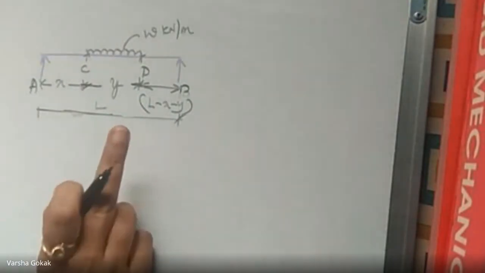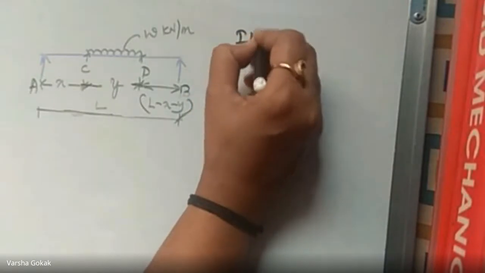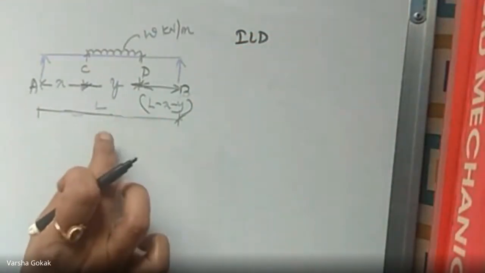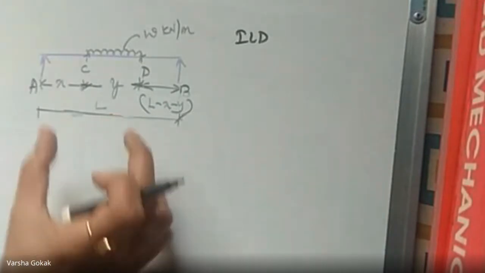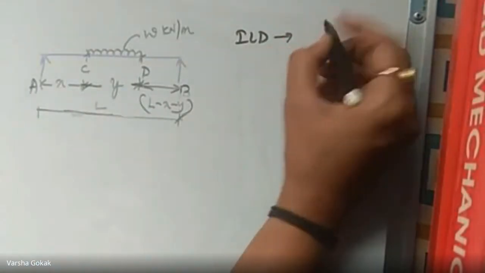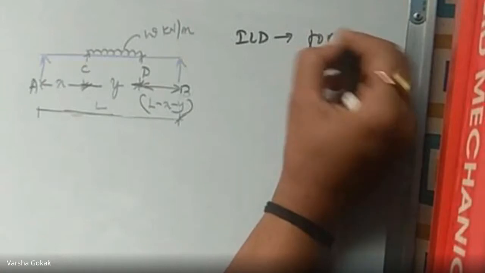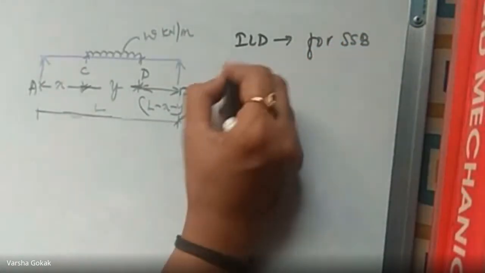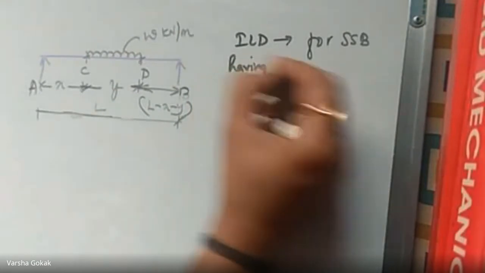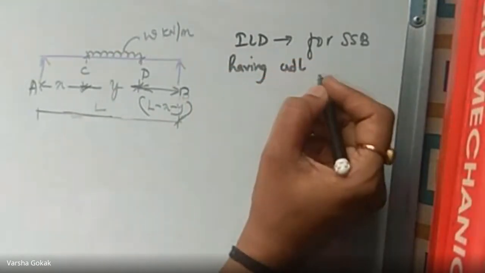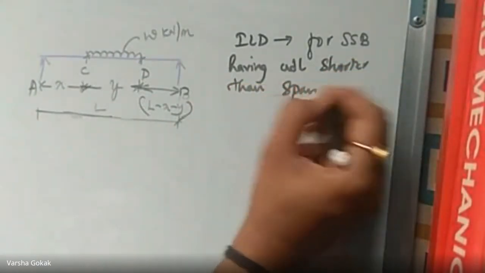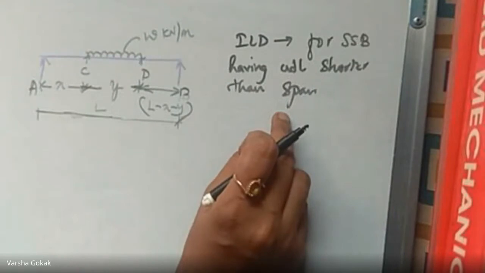We have to draw the ILD using the standard ILD. ILD for a simply supported beam, SSB stands for simply supported beam, having the UDL shorter than the span. So UDL length is shorter than the span, right?